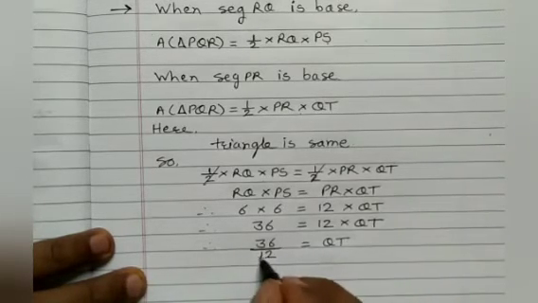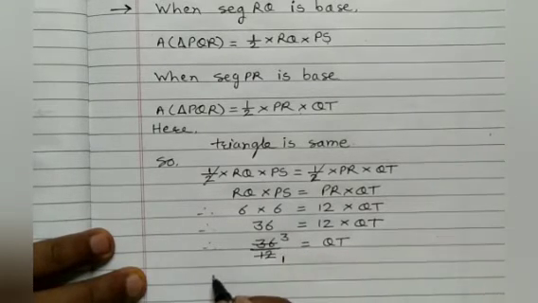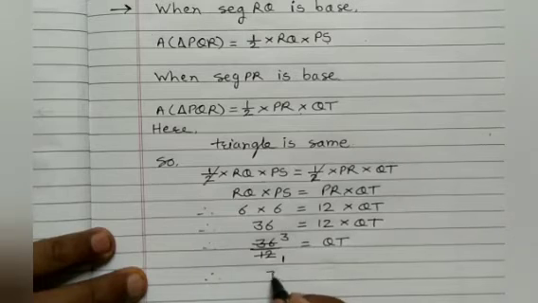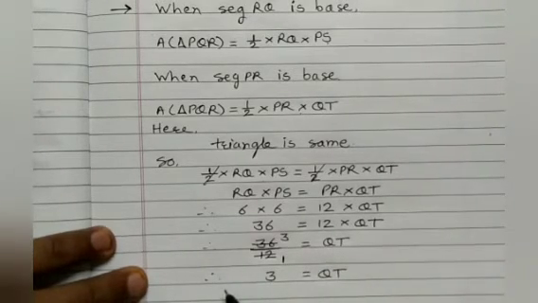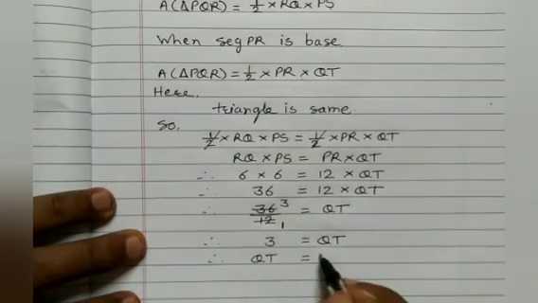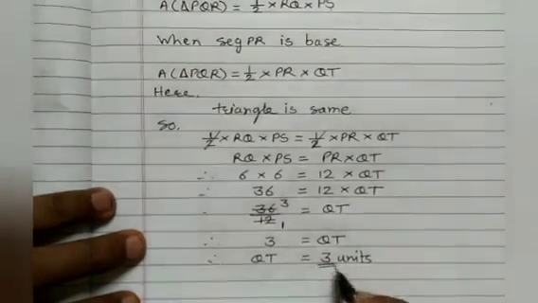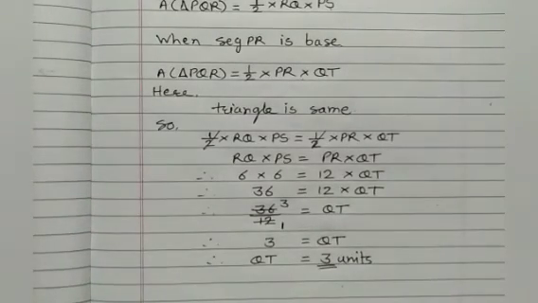So we get 12 ones are 12, 12 threes are 36. So 3 is equal to QT. Therefore, the answer is QT is equal to 3 units.